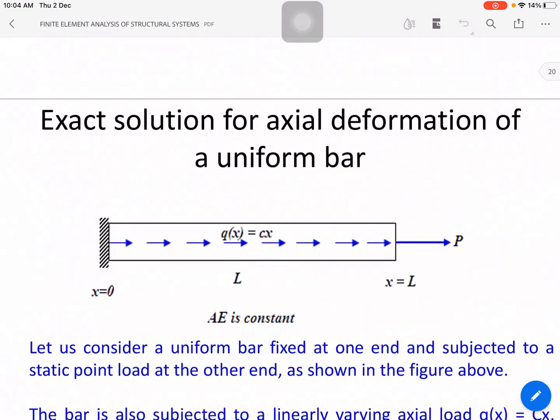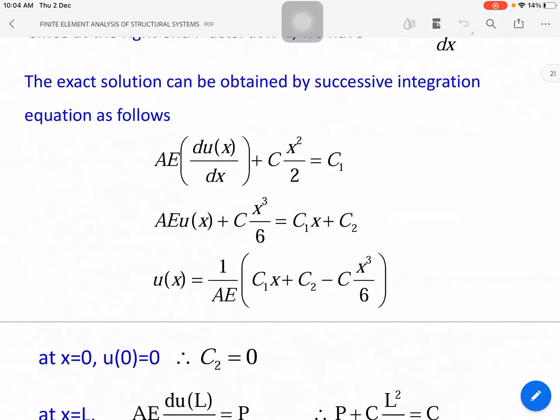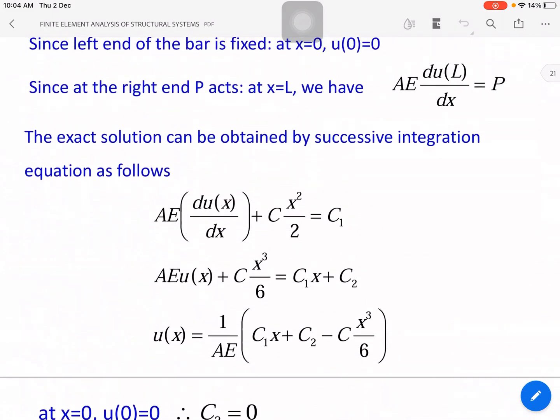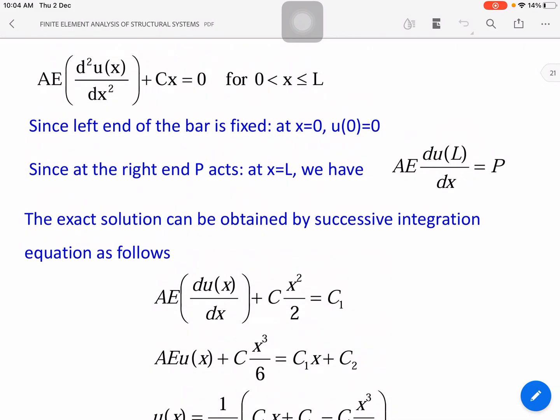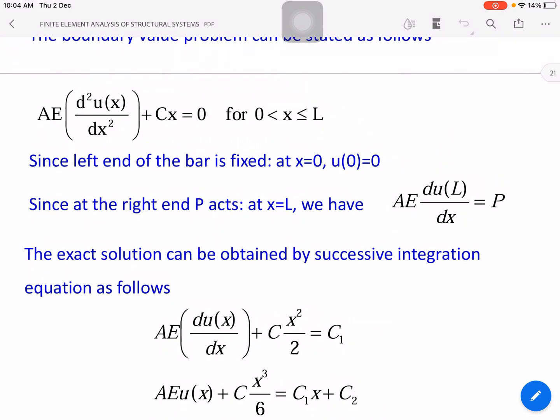Because of that, at x is equal to L, we have AE into du by dx equal to P. So this is the equation from strength of materials: at x is equal to L, P is equal to AE into du by dx.